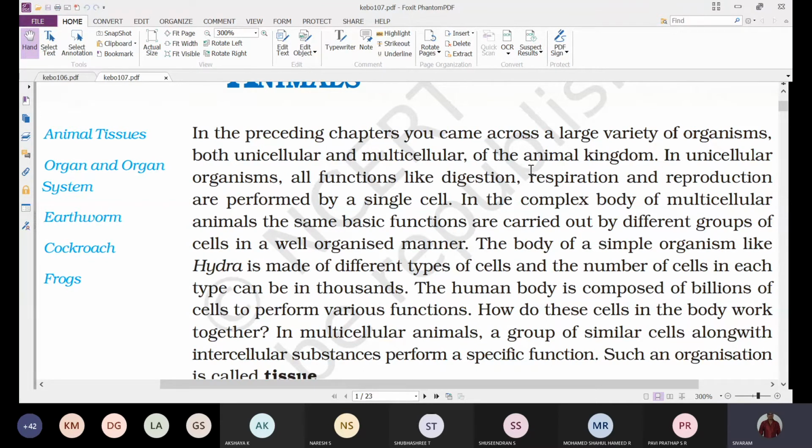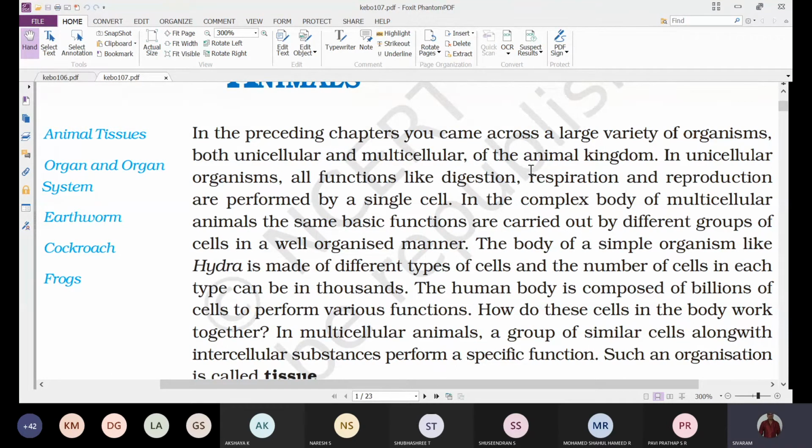When it comes to higher organisms, it is more complex. The complexity increased from lower organisms to higher organisms, but the efficiency was increased. So in the complex body of a multicellular organism, the same basic functions are carried out by different groups of cells in a well organized manner in the form of organs and organ systems.